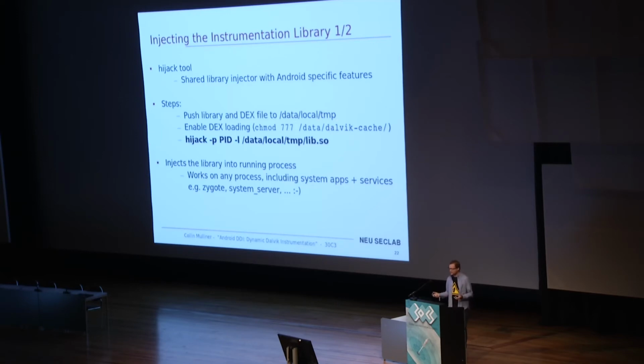Then you use the hijack tool, provide the PID of the target process and the full path to the library, and then you just run it, and that injects the library into the running process. It really works for any Dalvik-based process on an Android system, so for your normal application, but also for Zygote and system servers. So you can do modifications deep down in the core framework on your running device.